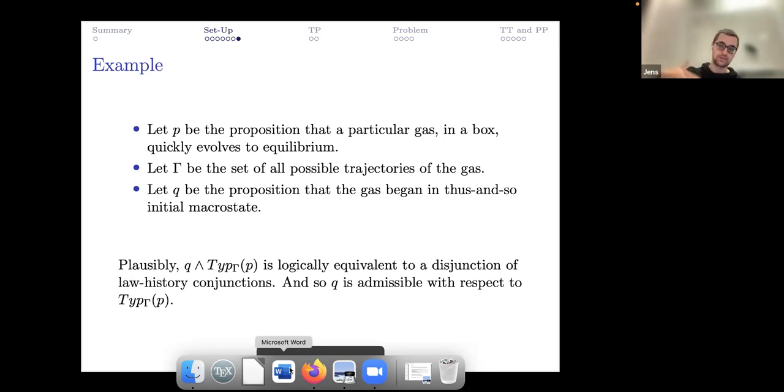But that seems to be compatible with the claim that it's typical in gamma, in the whole state space, that gases expand quickly. And the conjunction of this Q and the typicality claim seems to be logically equivalent to a disjunction of law history propositions. So yeah.